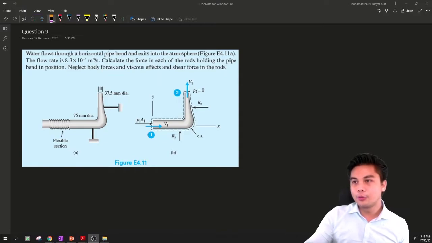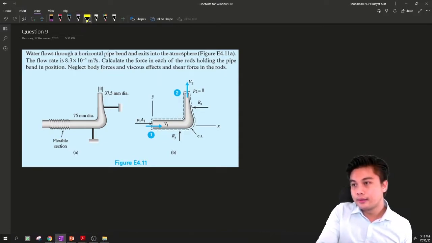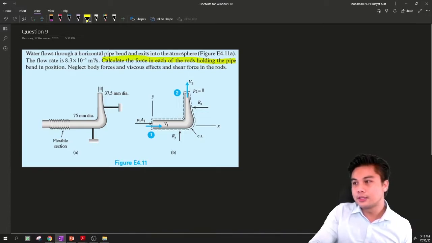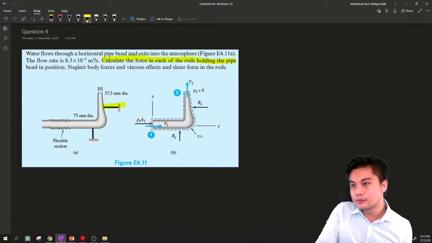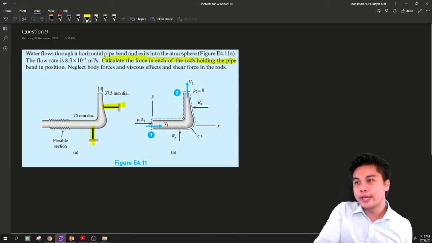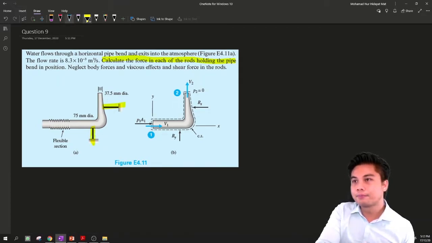First, we need to understand the question, which is to calculate the force in each rod holding the pipe. So, what is the force? This force. We need to name it the reaction force.